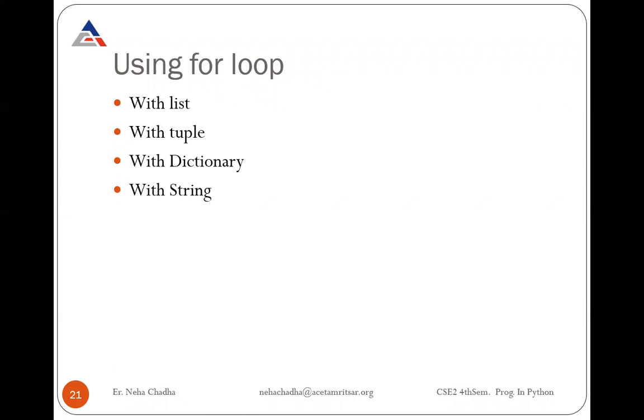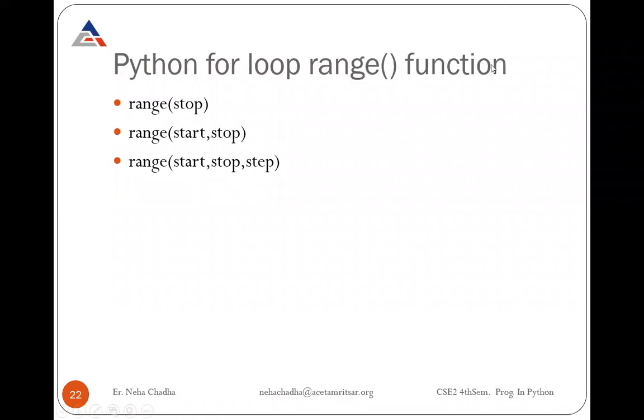You don't have to give any condition. There is no condition checking when you are giving such types of data types in your for loop. In your range function, there are three ways by which you are giving your range. First is the range stop, range start stop, range start stop step.